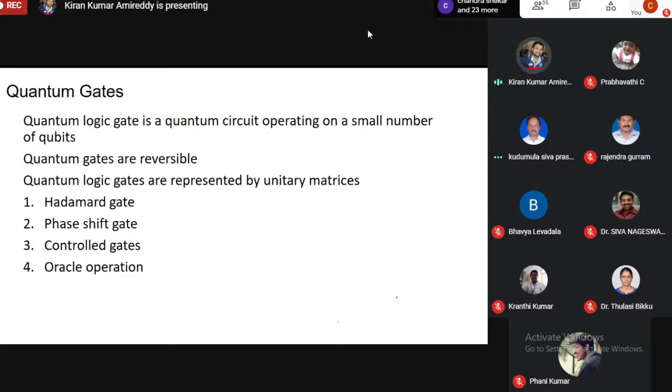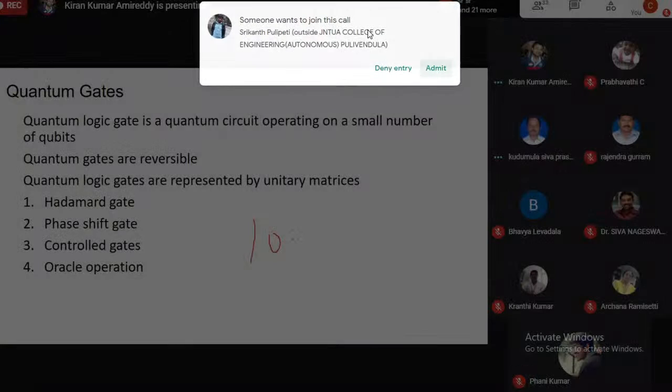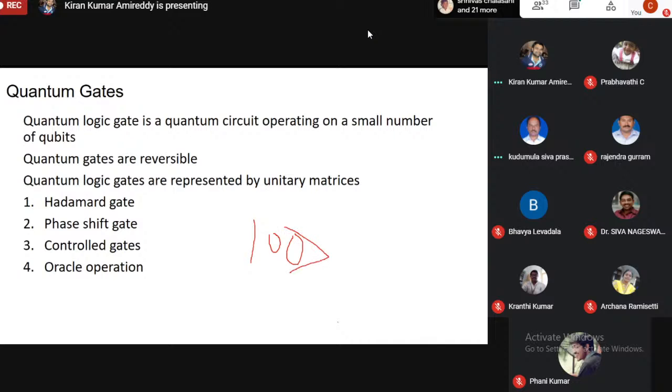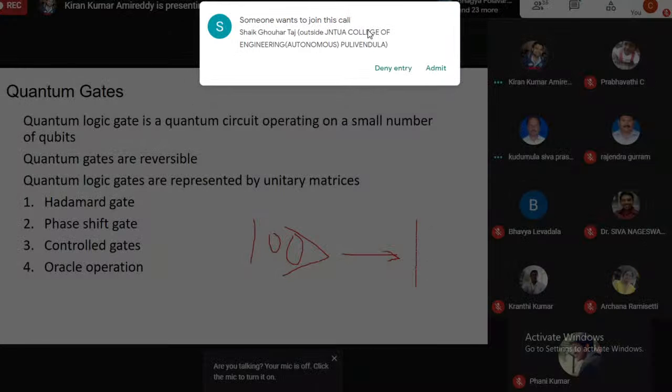The next one is the controlled gate and uncontrolled gate. Suppose we are writing the qubit, when it is performed by a controlled gate, it simply will remain as it is.